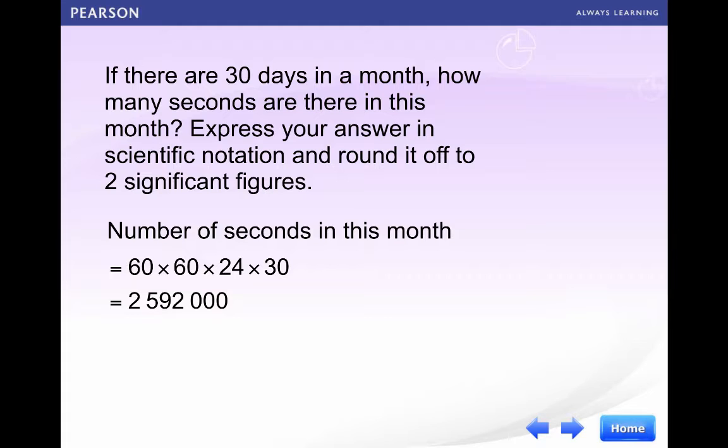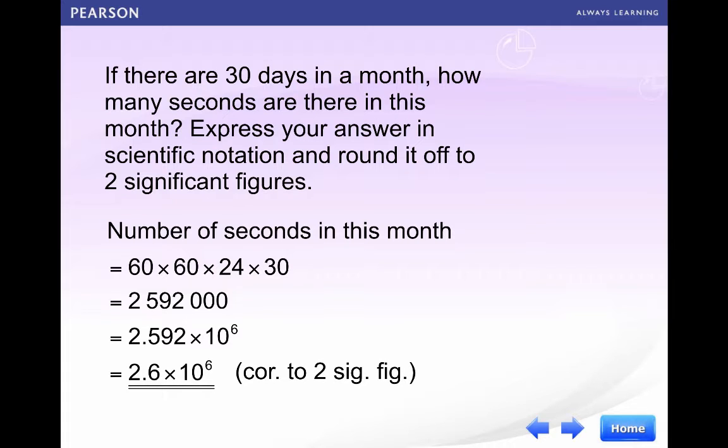Altogether it would be this value. To use scientific notation, we change it this way: 2.592 times 10 to the power 6. Rounded off to two significant figures, it should be 2.6 times 10 to the power 6. And this answer is corrected to two significant figures.